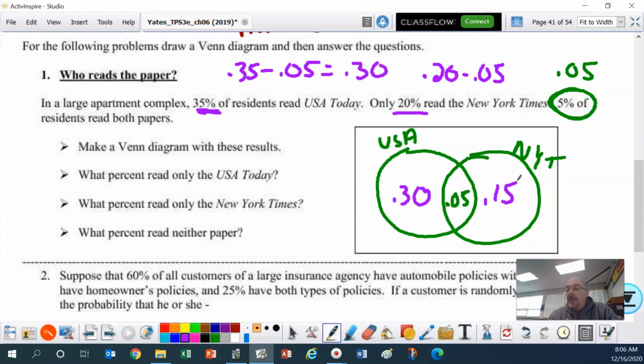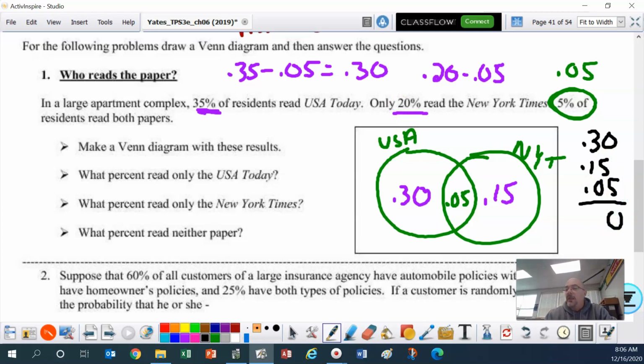However, we're not done, because some people, ladies and gentlemen, don't read any of the newspapers. If we take what's in the circles and add those together, I believe that's going to add up to 0.50.